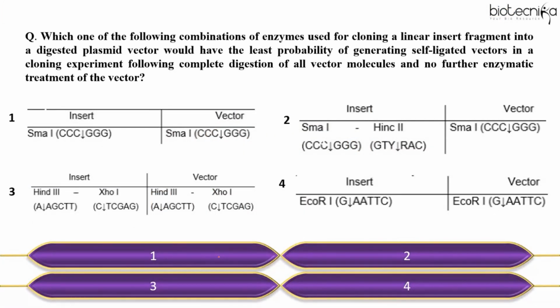Then moving over to the third question, which is again from gene cloning. Here you can see this question is about vector and the restriction enzyme. So go through the question and tell me the answer.